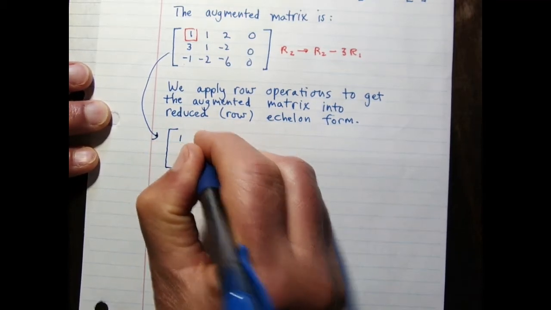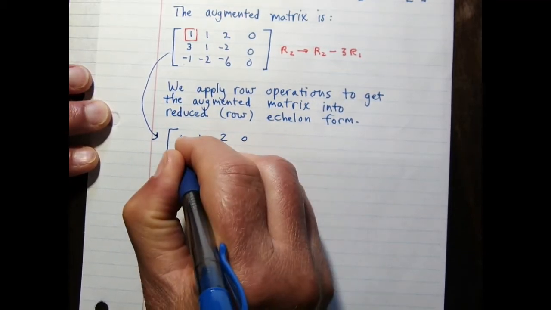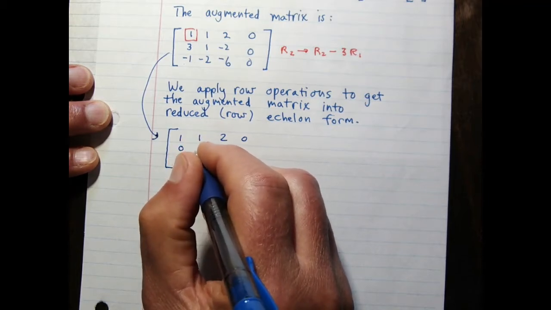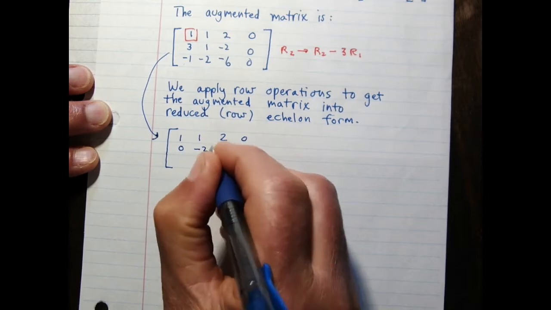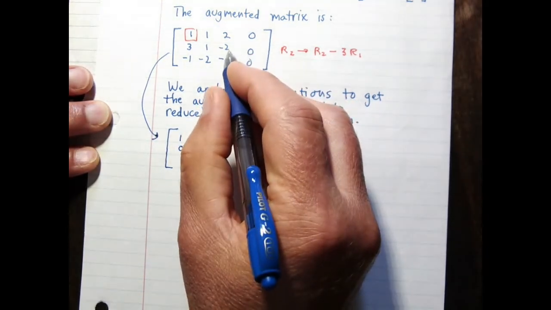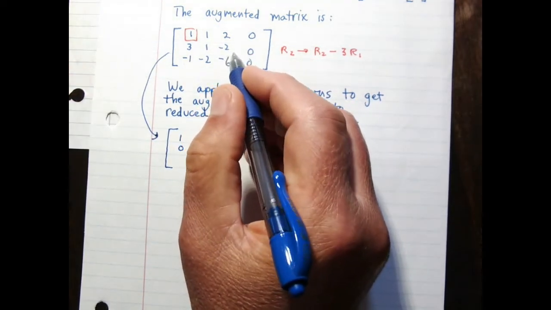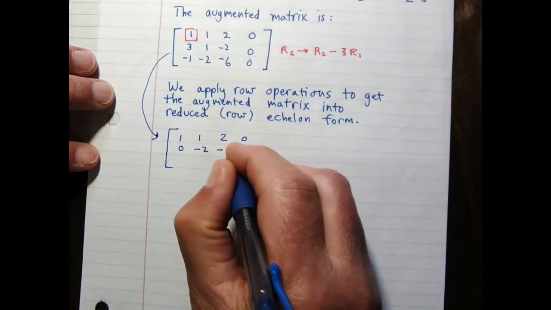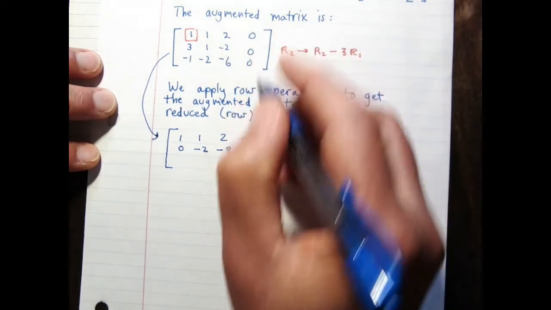Of course row 1 stays the same, only row 2 is changing. I get 0. I get 1 minus 3 is negative 2. I get negative 2 minus 6 is negative 8. I get 0 minus 0 is 0.